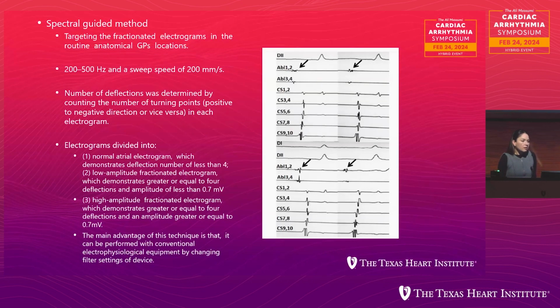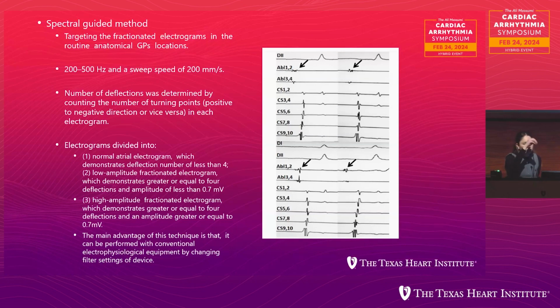And this is how I've been doing things and working with my mapping system. We've communicated on how we want to approach where we're going to ablate or determine where the GPs are. My method is the spectral guided method, which targets those fractionated signals.